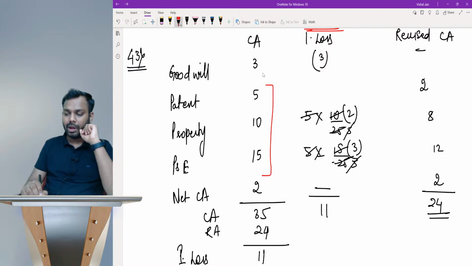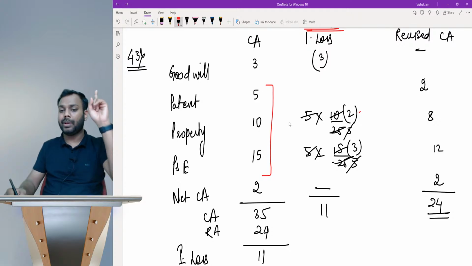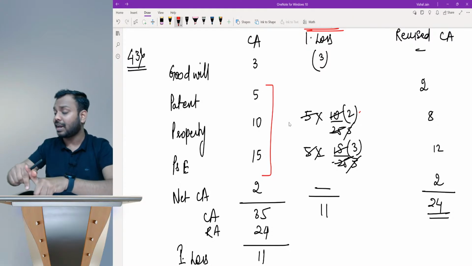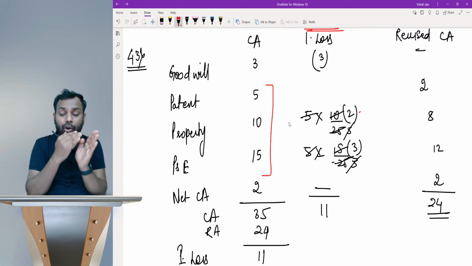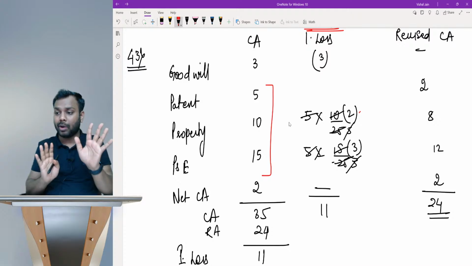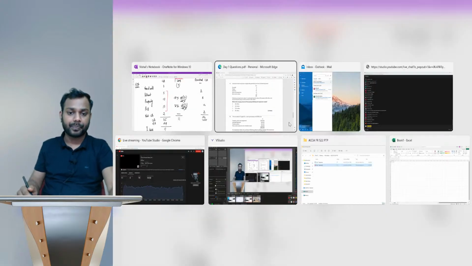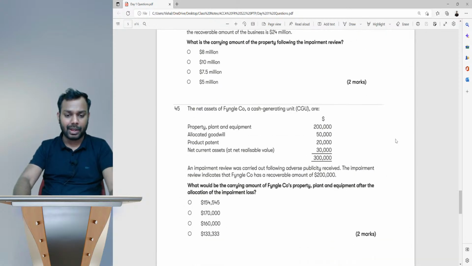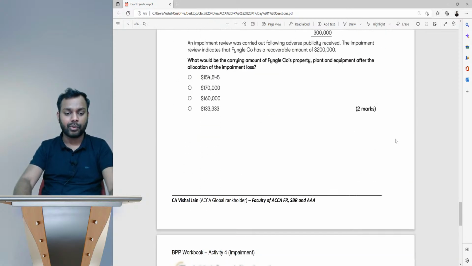I hope it is clear to all of you. Basically, first we'll allocate the impairment to goodwill, then to any specific assets that are impaired, then to the remaining non-current assets in the ratio of their carrying amount. Now that's 43, and 45 is a similar question. You can solve it on your own.